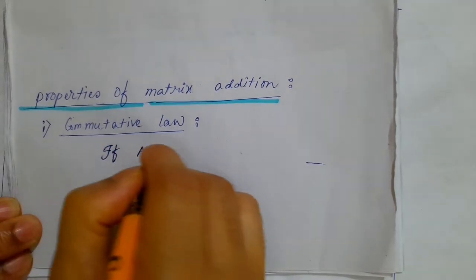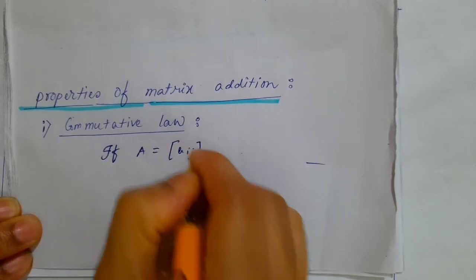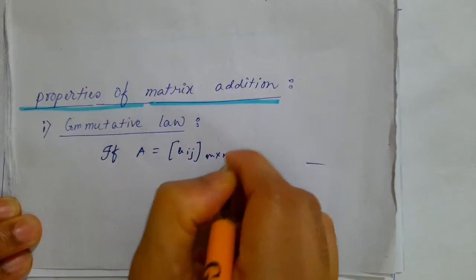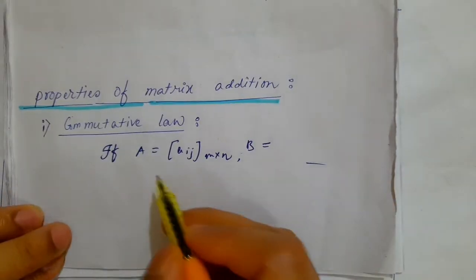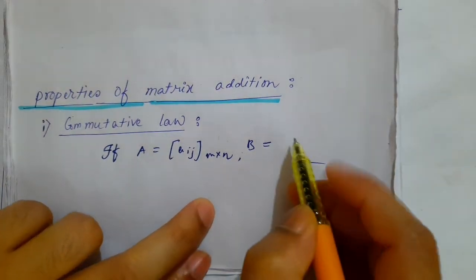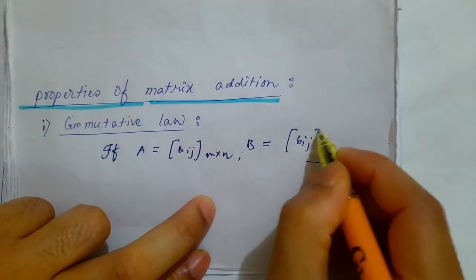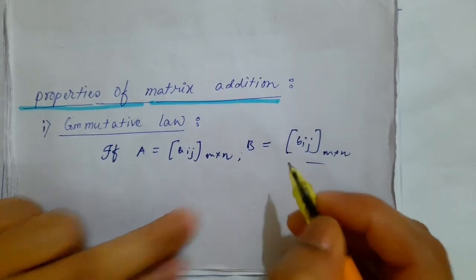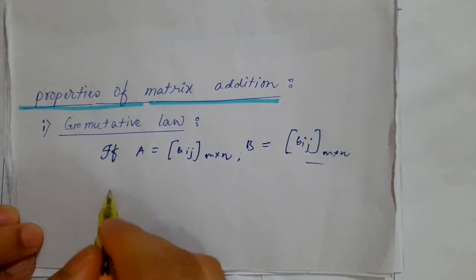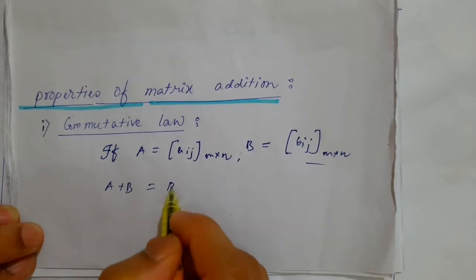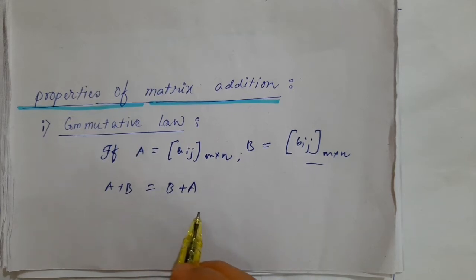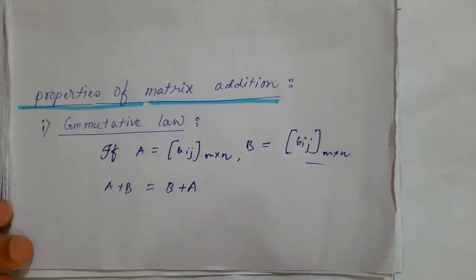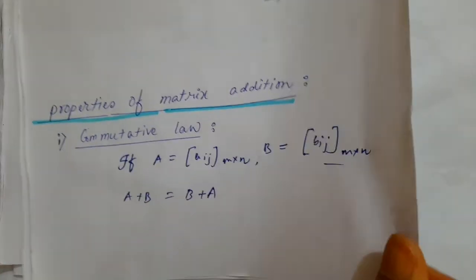If A equals Aij of order m by n, and B also equals Bij of order m by n, then according to the commutative law, A plus B equals B plus A. You can easily explain this with the help of examples.